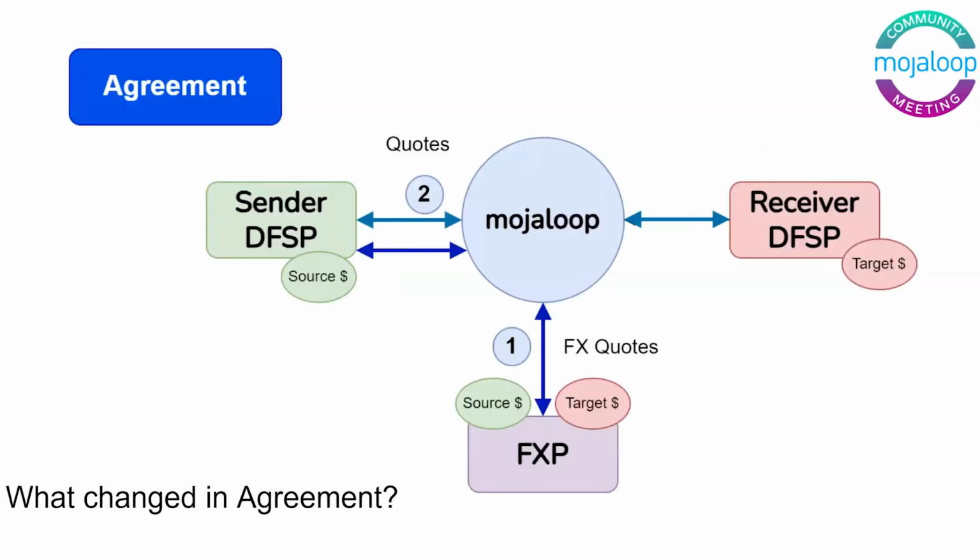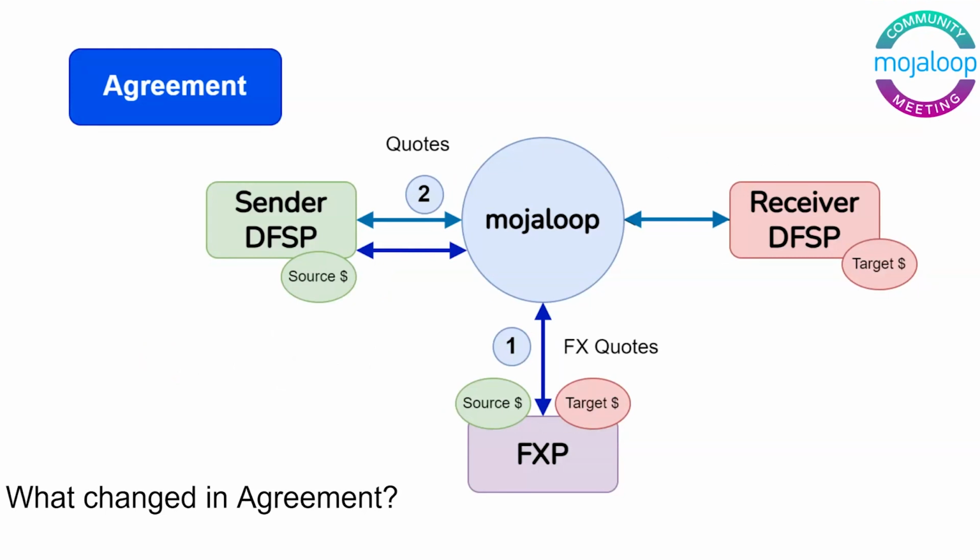Then the second change. This is about the agreement phase, where we set up the terms of the transfer before the transfer actually happens. So in the Forex use case, we have two agreements. We've got the existing agreement between the sender DFSP and the receiver DFSP as per previously, with obviously a change in currency in this agreement. So two different currencies.